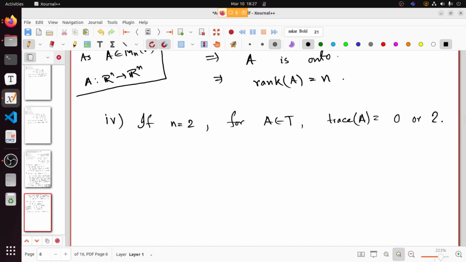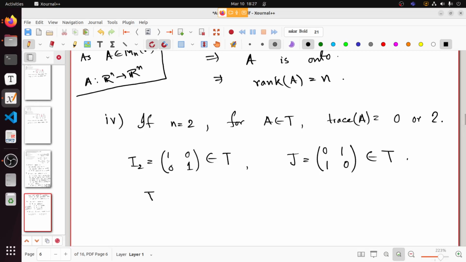So these are all 2 cross 2 matrices, right? What are the matrices which are in T? So I2, right? What is I2? 1 0 0 1. This is the identity matrix, it is in T. You can take this J, 0 1 1 0. This is also in T, right? So what is the trace of these? The trace of I2 is 2, right?